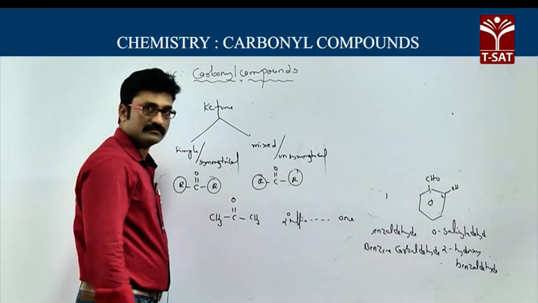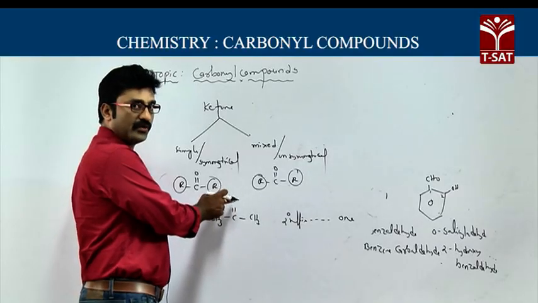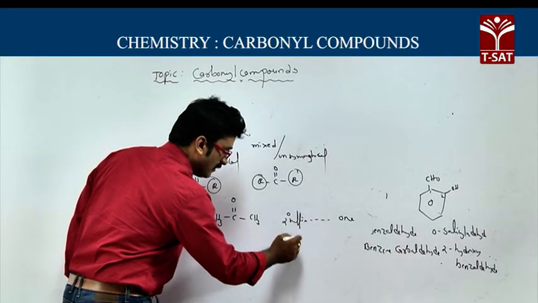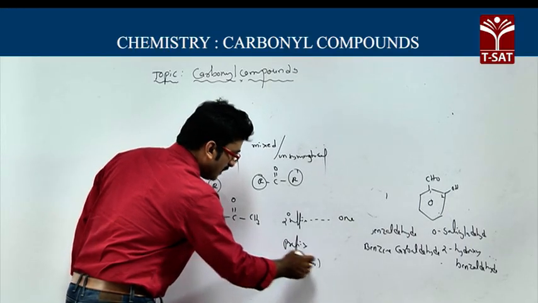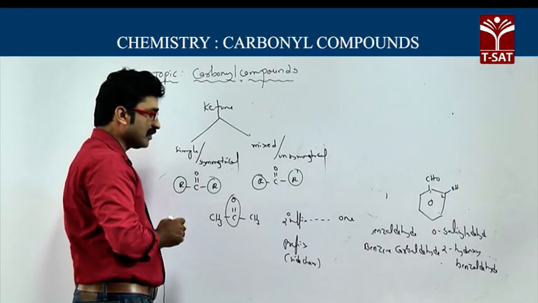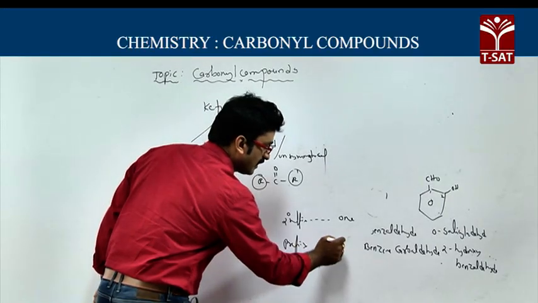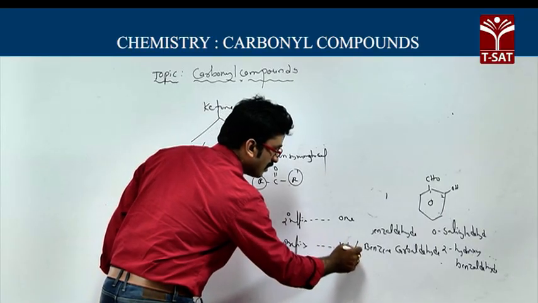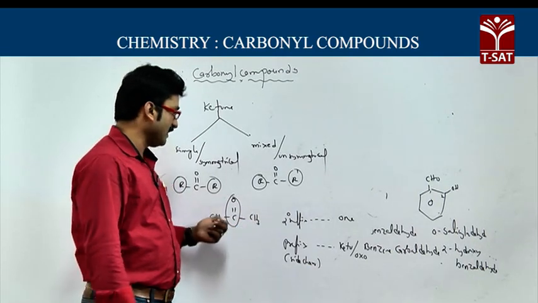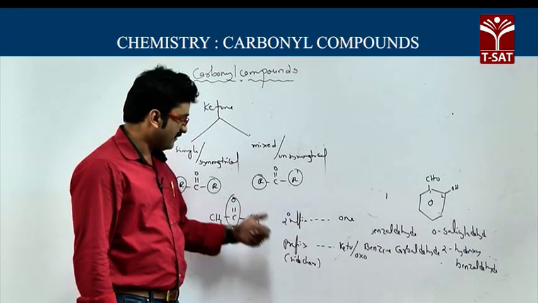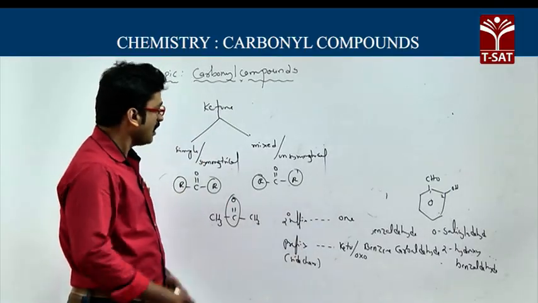And when the C double bond O group, the keto group, is considered as a side chain or prefix, then its name will be keto or oxo.